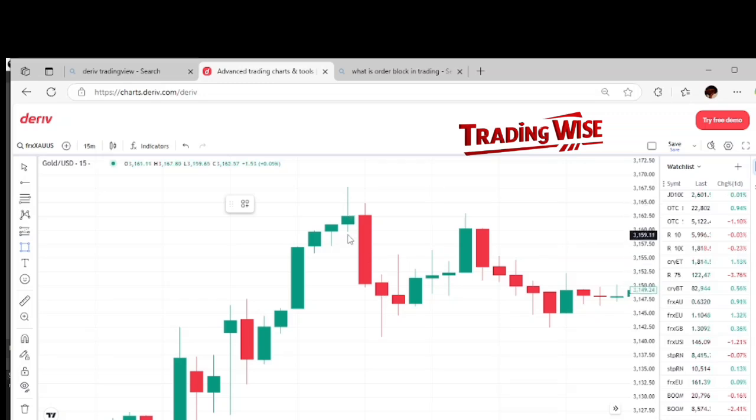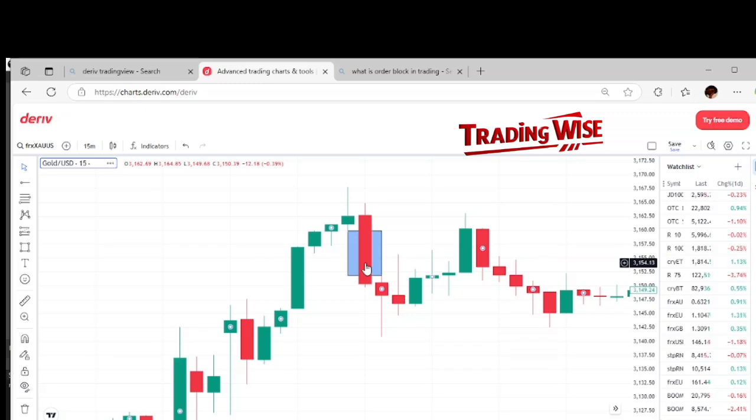Then I'll pick the bottom of this one and take it to the tip of this one, and boom, you have your fair value gap. So from the bottom of this order block to the tip of this second candle is what we call a fair value gap.